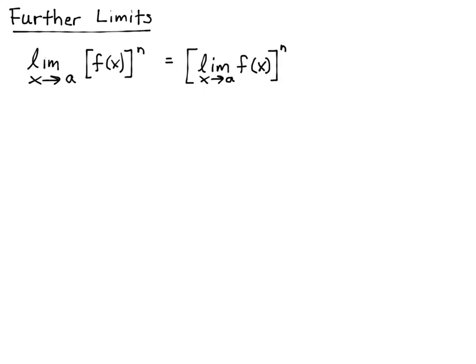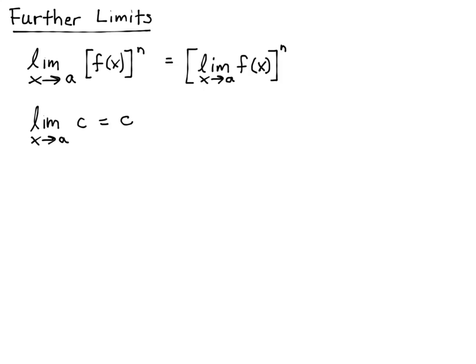And we'll have some examples pretty soon. So just focus on what this is saying. If you're trying to find the limit as x goes to some value of x squared, we can find the limit of x first and then square it. So we can do kind of the inner limit first, if you want to look at it that way.